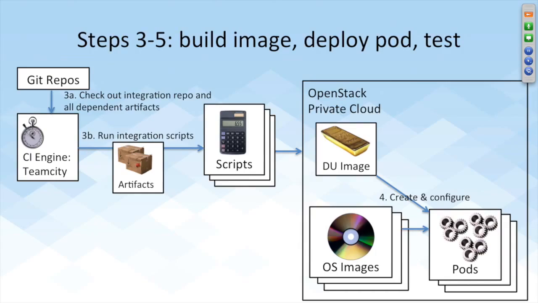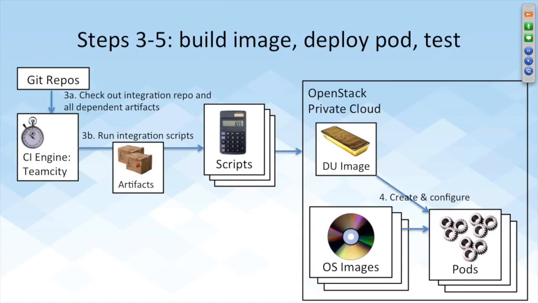Now, each integration test needs its own isolated environment that represents a full deployment of our product. Okay? And again, our product itself is an OpenStack private cloud deployment. So to create these isolated environments, for each test, we create something called a pod. A pod is simply a collection of virtual machines or instances.